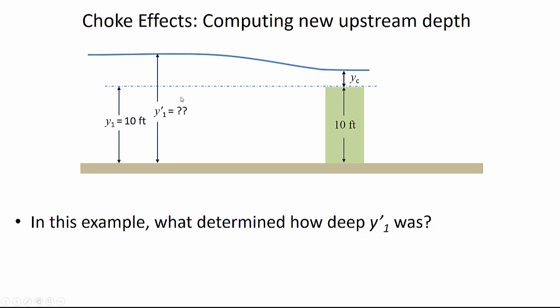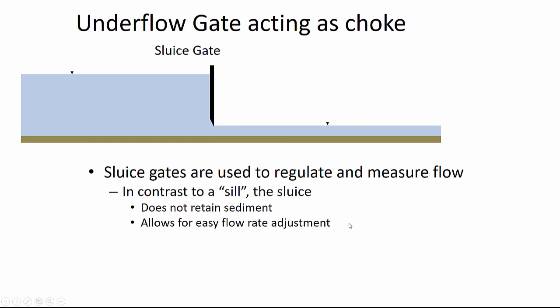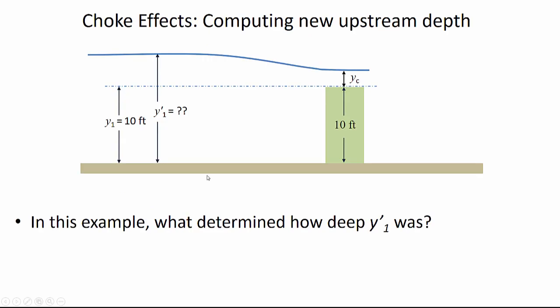So this y'1 was the upstream depth after pooling occurred, and what determined how deep that was was the amount of energy required. And this minimum specific energy, remember, for the flow over the obstruction, if we assume a rectangular channel configuration, the specific energy is 3/2 the critical depth.